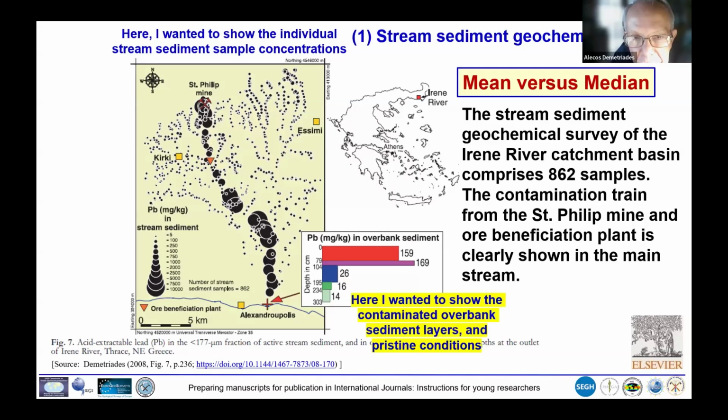Now, the bottom shows the different layers of overbank sediment. These are the floodplains at different times. You can see the contaminated overbank sediments at the top, and the pristine conditions as you go to lower levels.